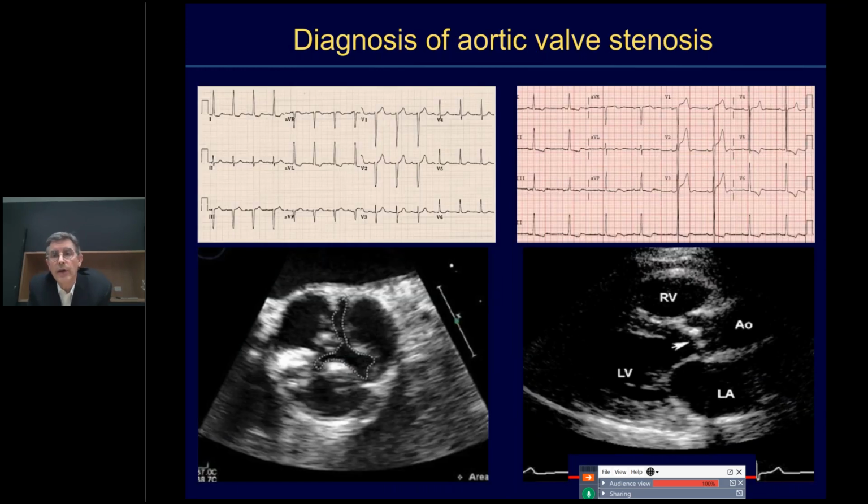Of course, if you've got aortic valve stenosis, one of the important things to look for is left ventricular hypertrophy on their ECG. The ECG on the top left has high voltages, particularly in the limb leads.